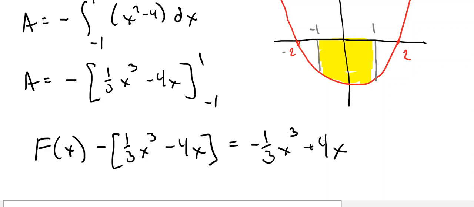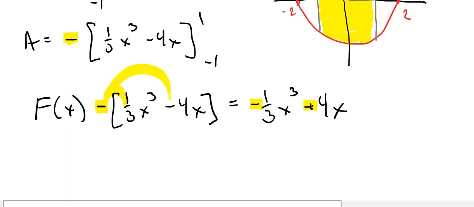So take note, we're negating this integral, so we're negating the antiderivative, and the easiest way to do that with the fewest number of parentheses is just distribute the negative through, making that negative and that positive.